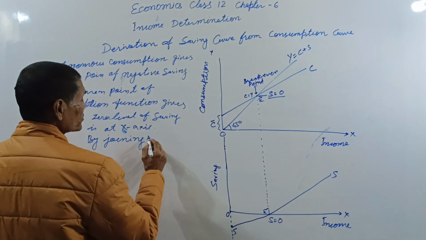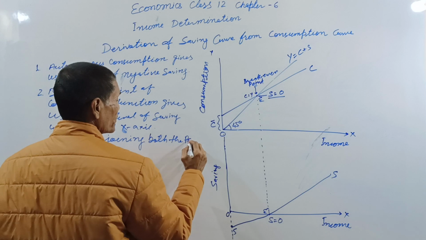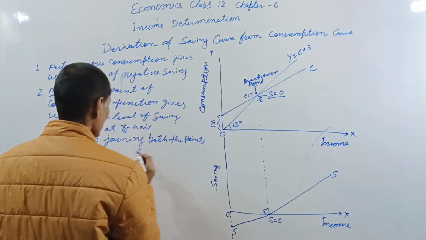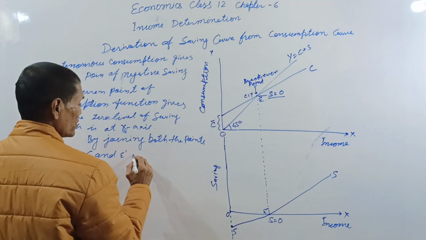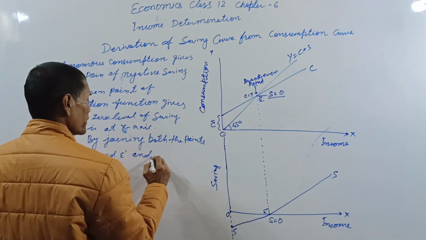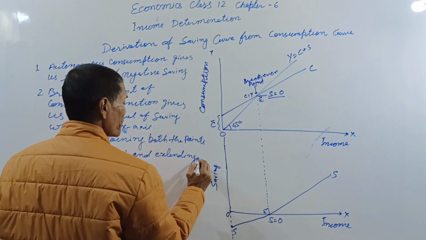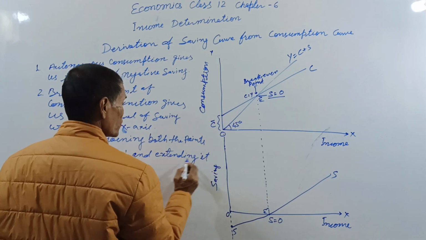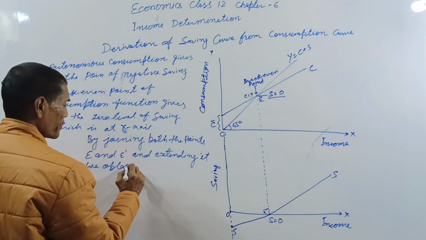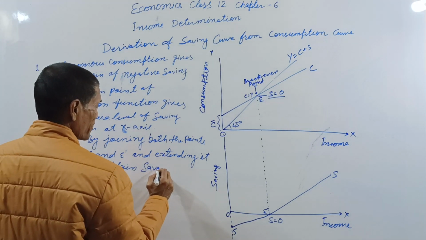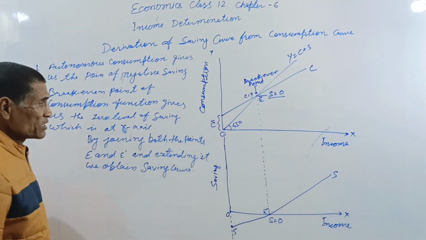By joining both the points, E and E dash, and extending it, we obtain the saving curve.